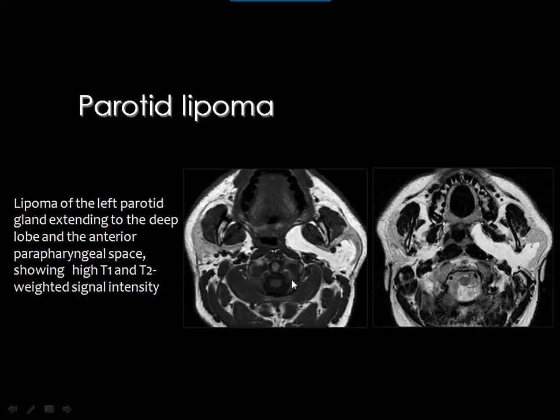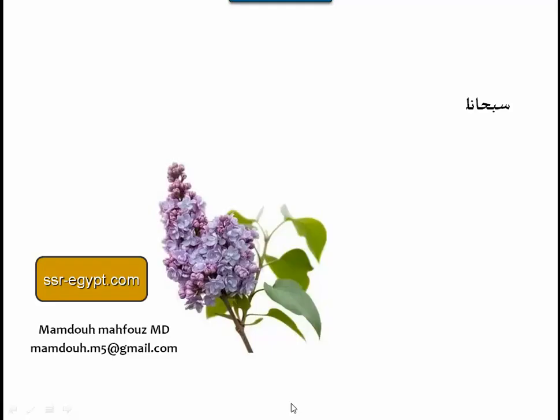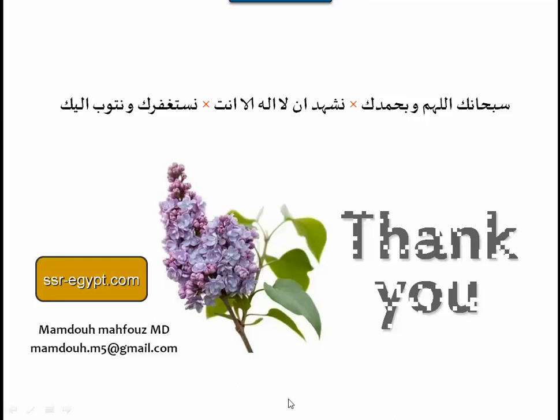In the T1 weighted image, you see the fat signal of the lesion, which is occupying the superficial lobe and extending deep into the deep lobe of the parotid gland adjacent to the parapharyngeal fat. And in the T2 weighted image, you expect some loss of signal of lipoma, but this is the appearance which is classic for a fat containing lesion.